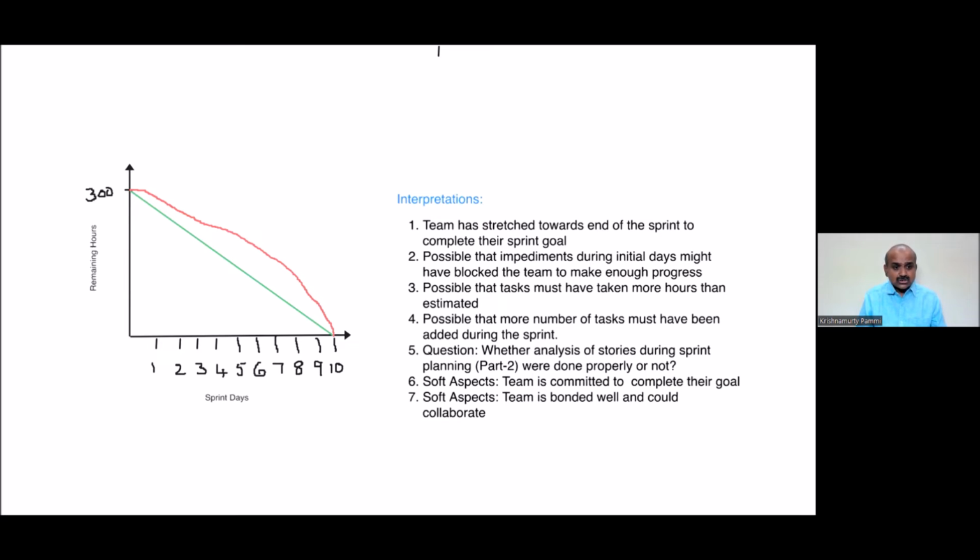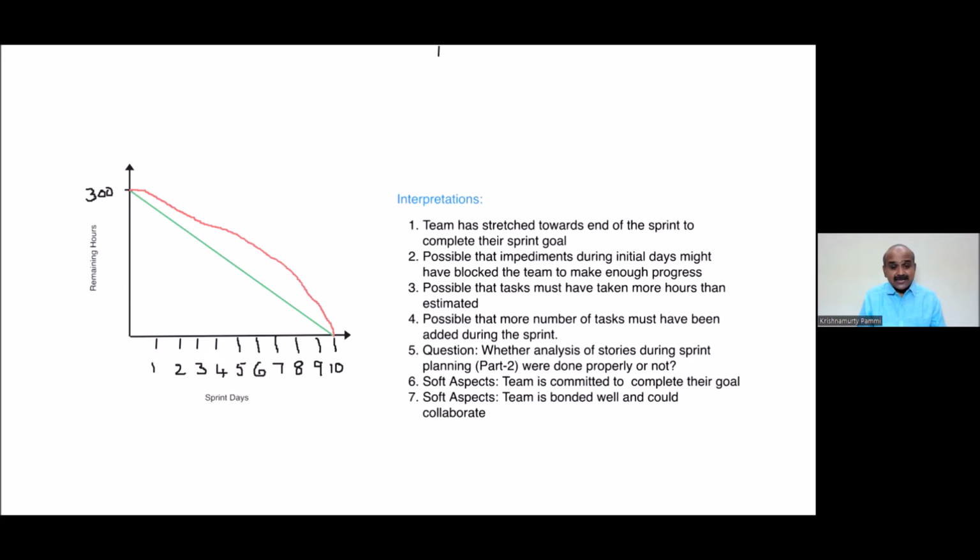Or impediments are not solved, or more tasks must have been added, or existing tasks must have taken more time, or the sprint planning did not happen properly, or impediments took more time. This is on the negative side. The positive side is the team has stretched and made the goal completed by the final day, right?